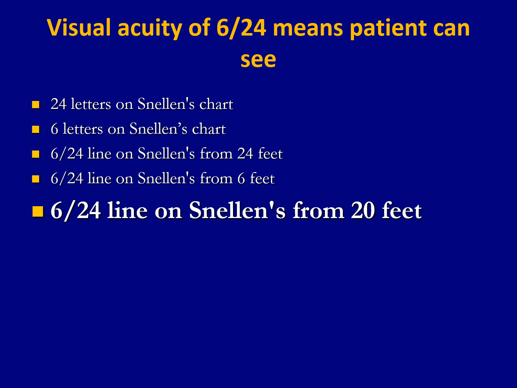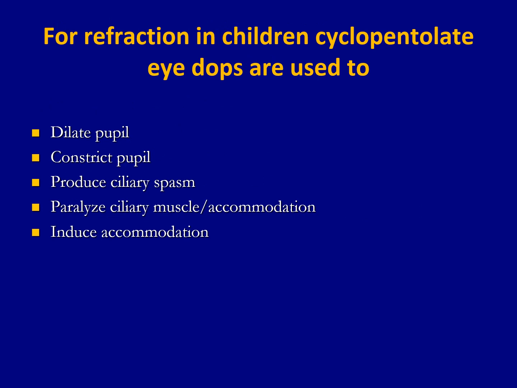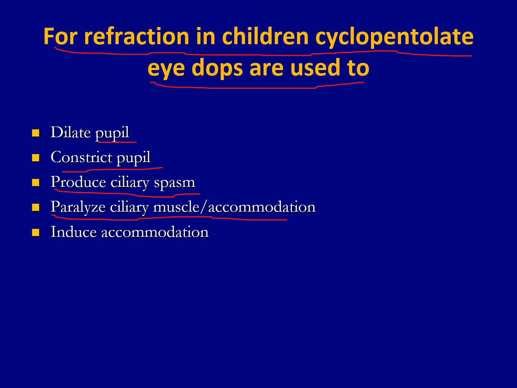Next MCQ. For refraction in children, cyclopentolate eye drops are used to dilate the pupil, constrict the pupil, produce ciliary spasm, paralyze ciliary muscle or accommodation, or induce accommodation. Remember, cyclopentolate and atropine are the two commonly used drops for refraction in children.